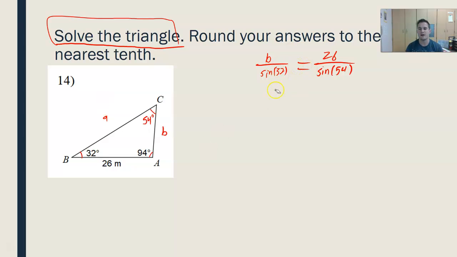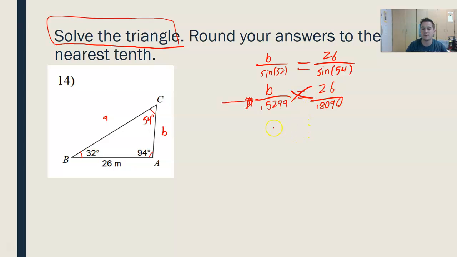But let's start, now that I have this written, by finding side B. So let's simplify the sine of 32 and the sine of 54. When I type those into my calculator, I get B over 0.5299 equals 26 over 0.8090.